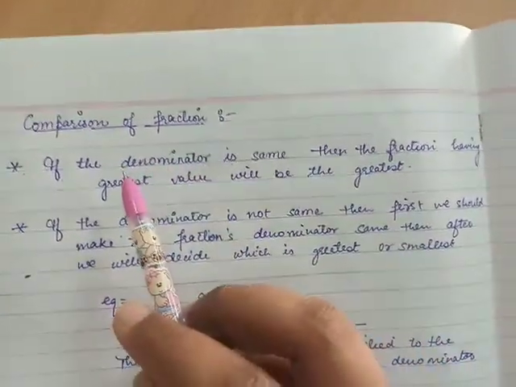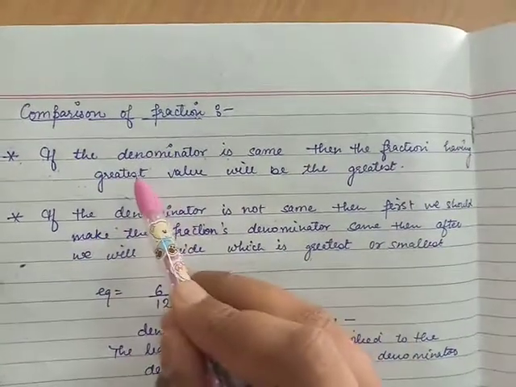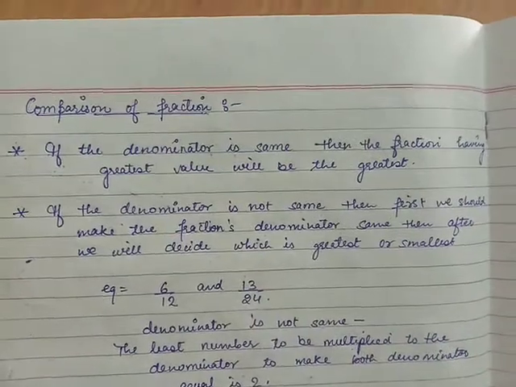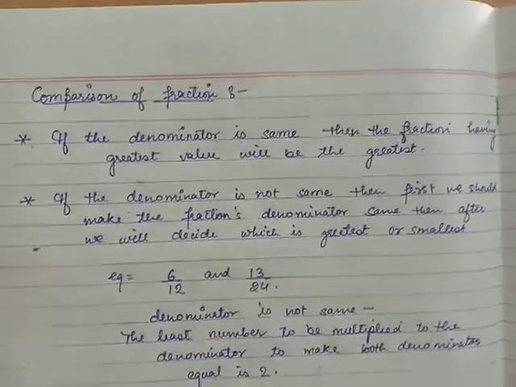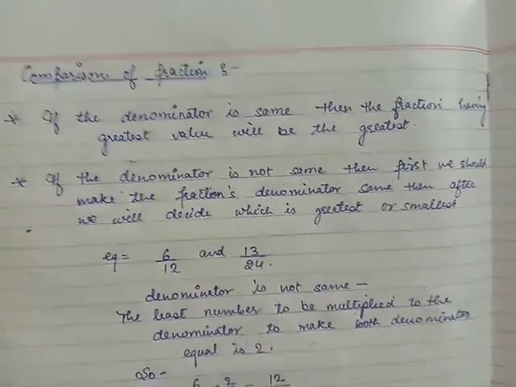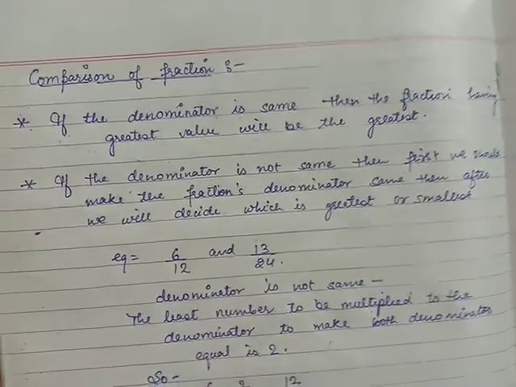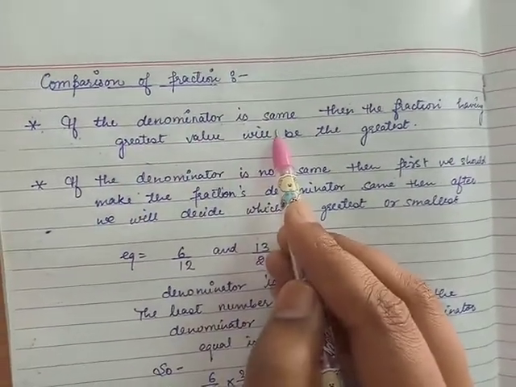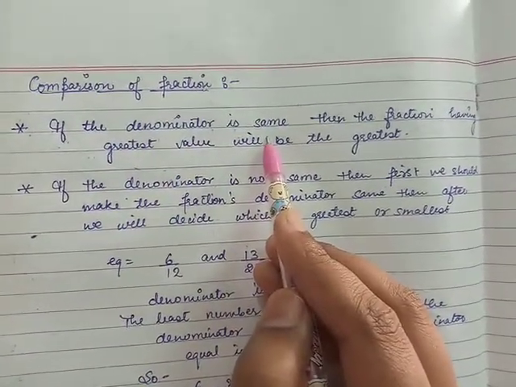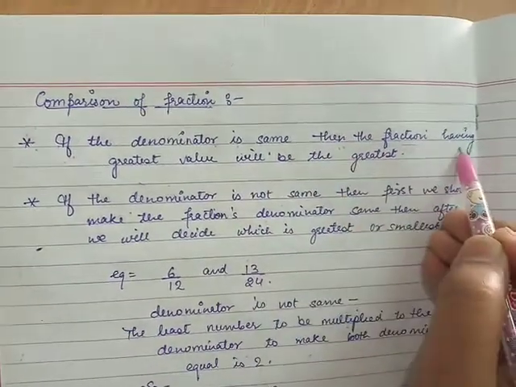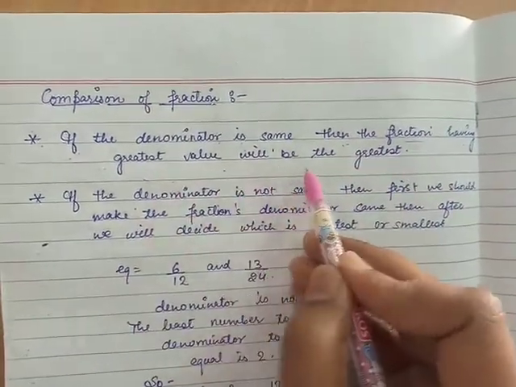So the first thing is that in doing the comparison of fraction, first of all we should look at the denominator. The value of the denominator must be noted before comparing the fraction. If the denominator is the same, in the condition when the denominator of both the fractions is the same, then the fraction having the greatest numerator will be the greatest.